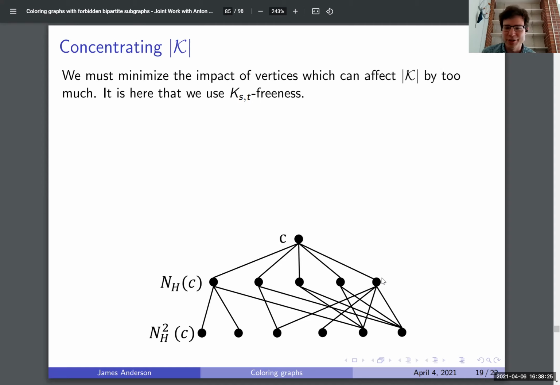We need to do an additional trick with a random partitioning of the neighborhood itself, and prove that if you count the vertices in each of the parts of the partition, those random variables are sufficiently concentrated. I don't know if this answers your question, Lutz.